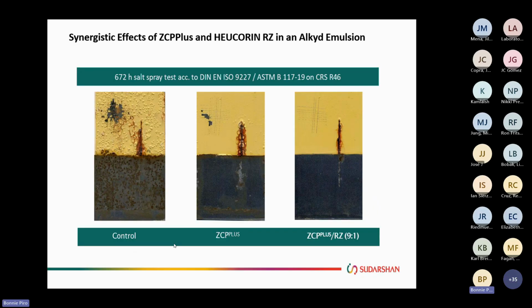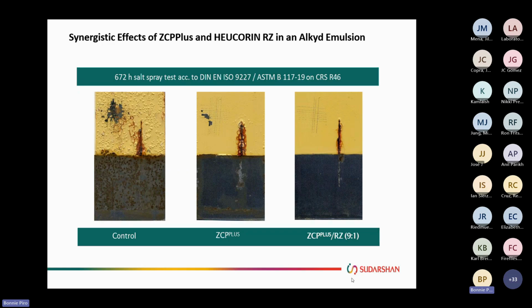So here's some examples of what I just talked about. So the control on the left, the ZC plus by itself starts to see some marked improvements in the crosshatch area, probably similar in the scribe area.